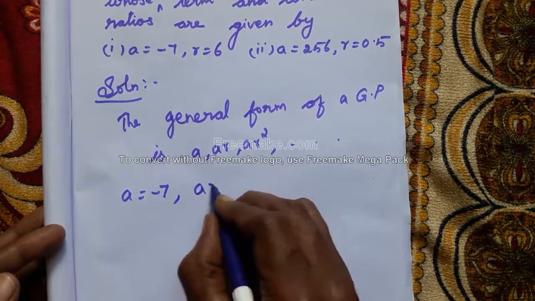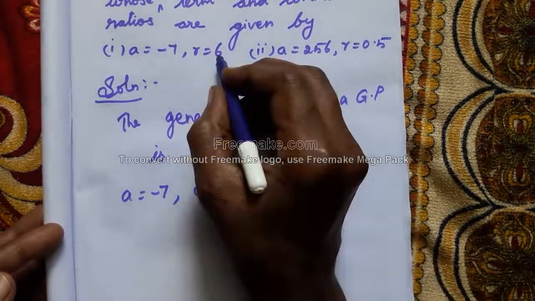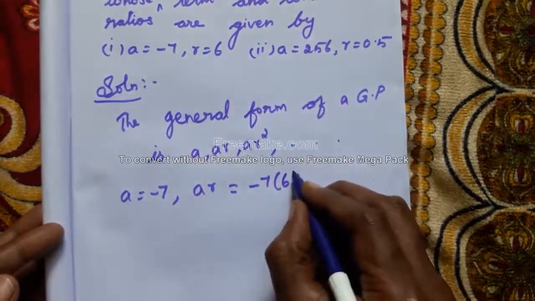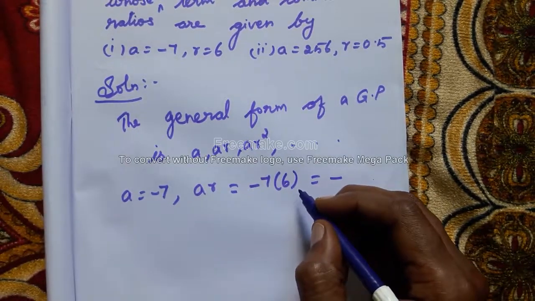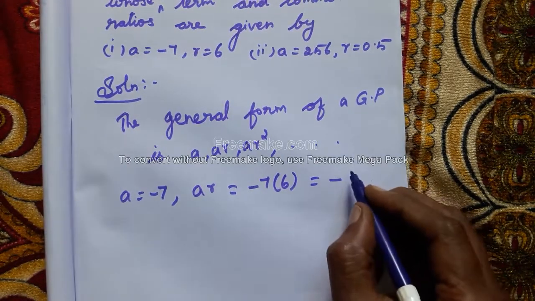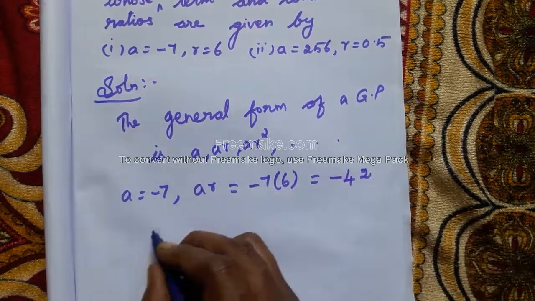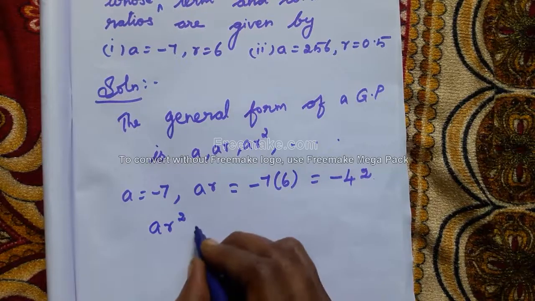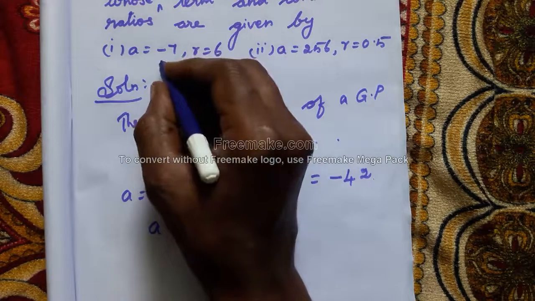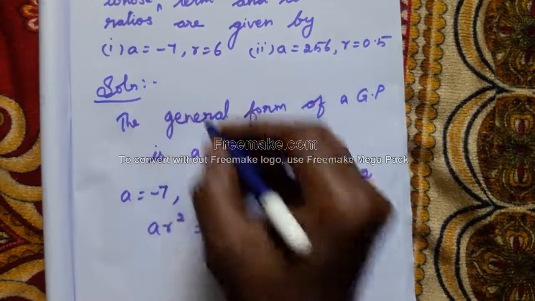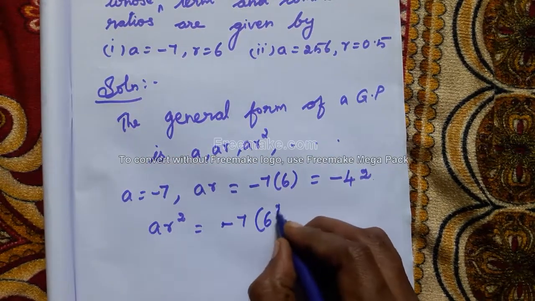Next AR means minus 7 into R, which is equal to 6. So minus 7 6s are 42. Next we have to find out AR square, which is A, minus 7, into R square, 6 square.